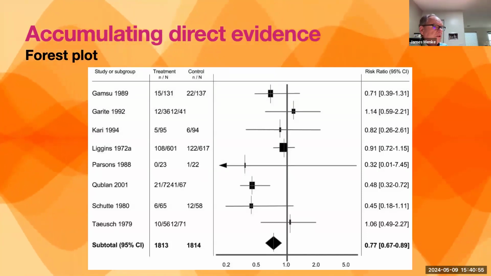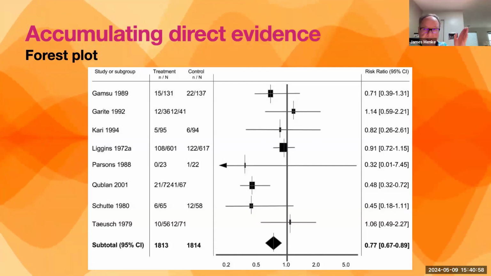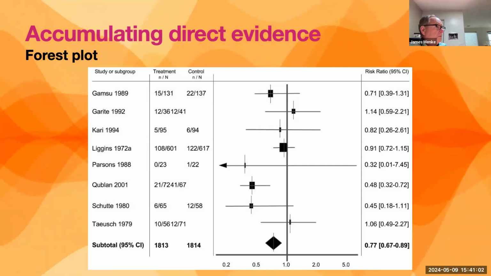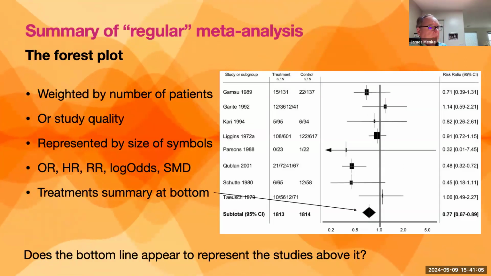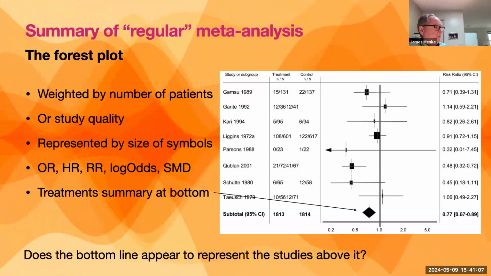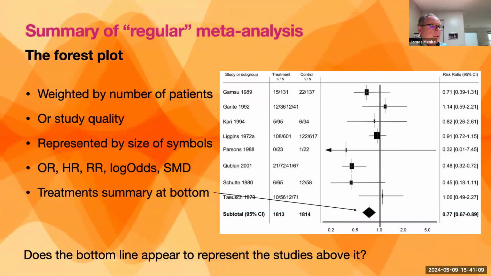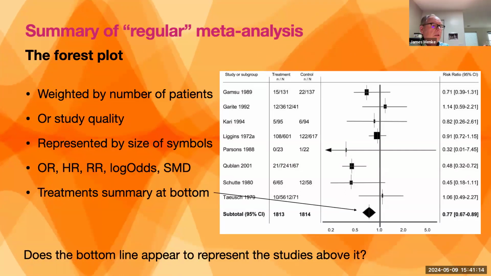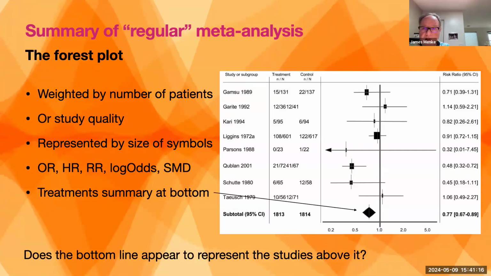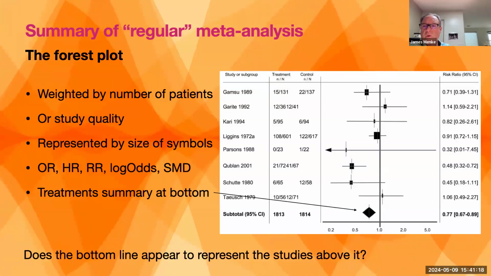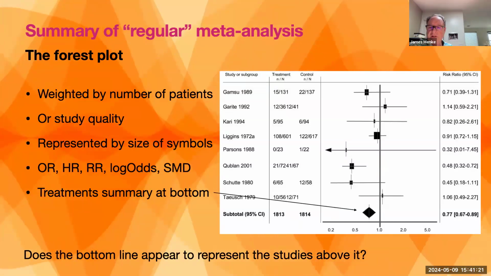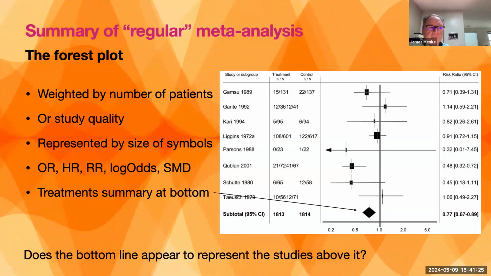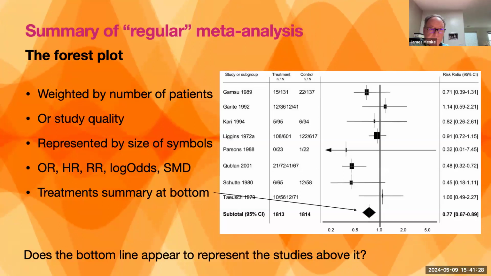And since we're dealing with risk ratios, 1 is the center where there is no difference in treatment effects. And again, the summary is at the bottom. If the 95% confidence interval crosses that middle line, that brings into question whether that was actually a significant effect size in that study with the treatment over the control group.